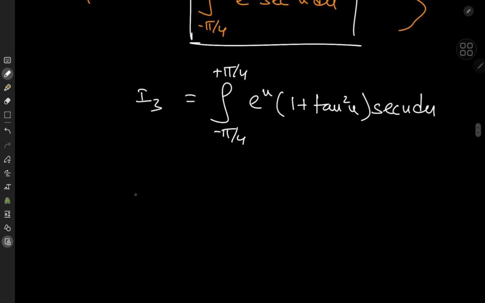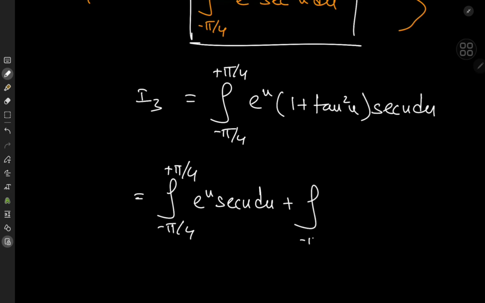Now using the linearity of the integration operator and expanding the integrand, I have the integral from negative to positive pi by 4 of e to the u times secant u du plus the integral from negative to positive pi by 4 of e to the u times the squared tangent of u times the secant of u du.